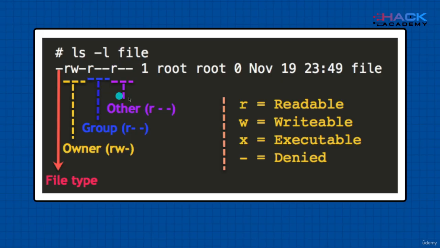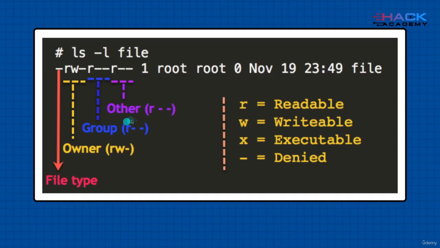And the last three characters are for everybody else on the system, and we can see that everybody else has read access too. In other words, the owner of the file can read and modify the file, the group root can only read the file, and everybody else on the system can only read the file.